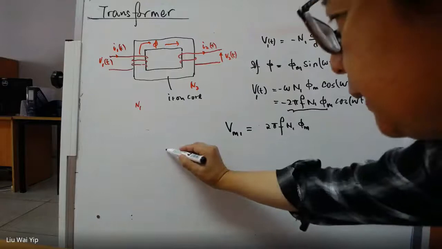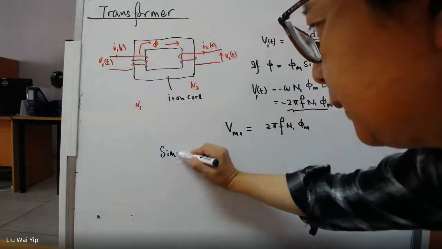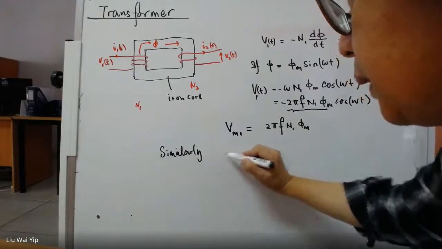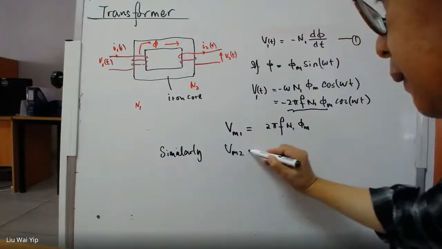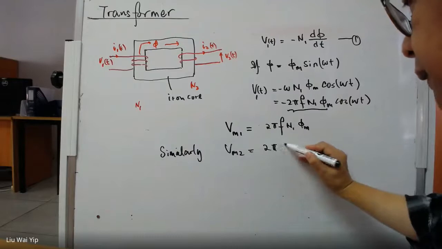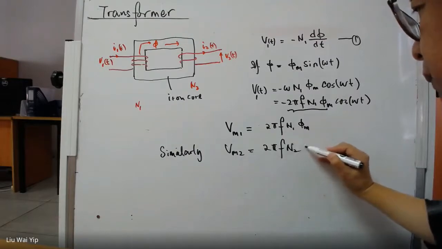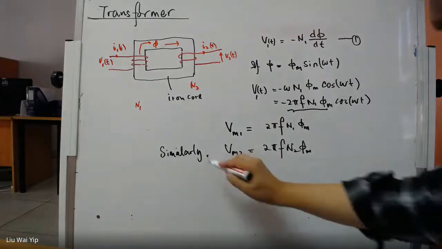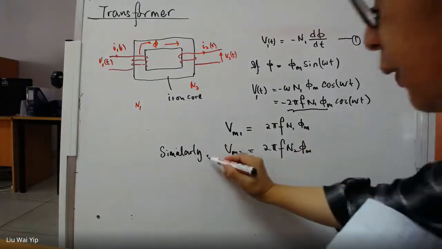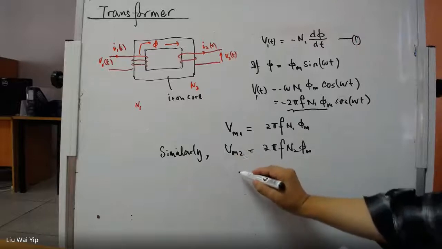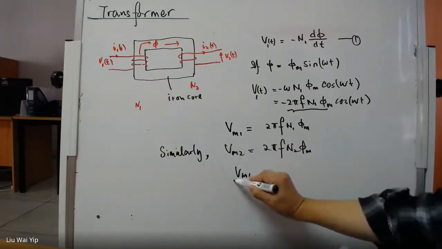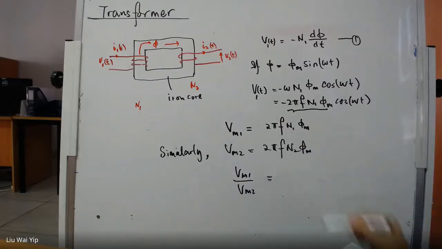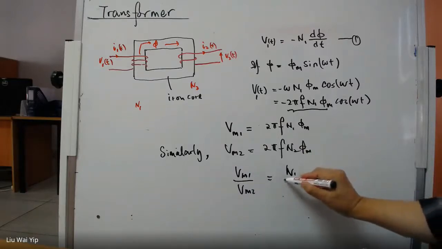Similarly, in the secondary, you can equally get Vm2 equals 2 pi f N2 phi m. So in this case, I think it's fair to assume that Vm1 divided by Vm2 is equal to N1 over N2.